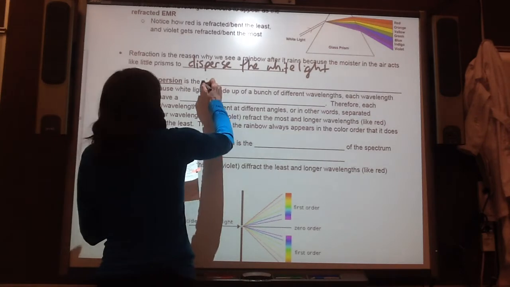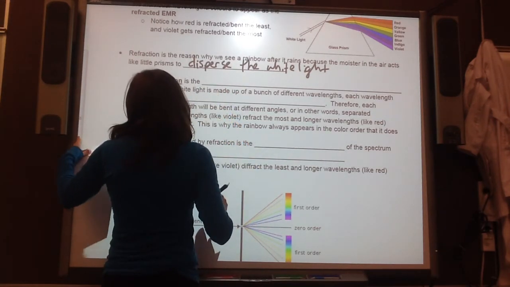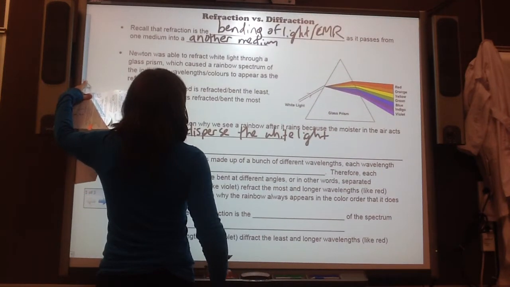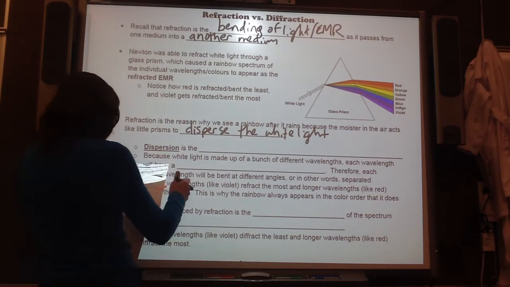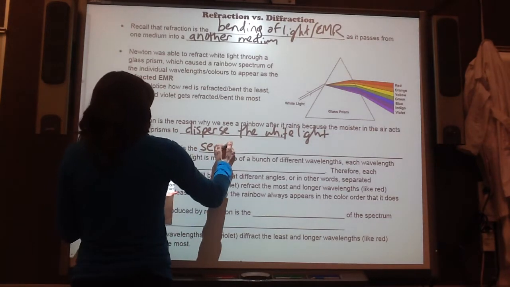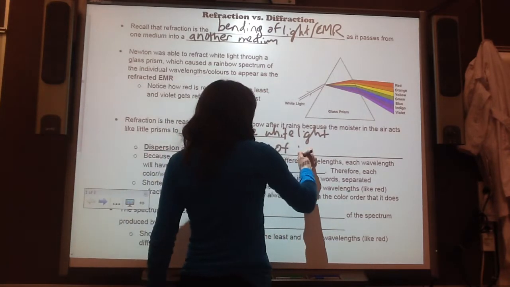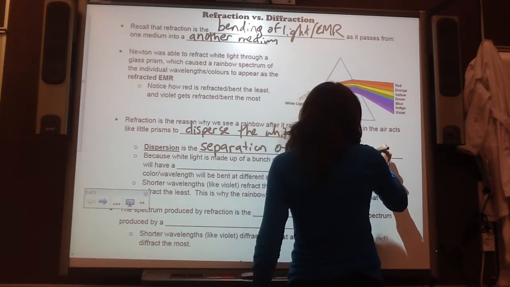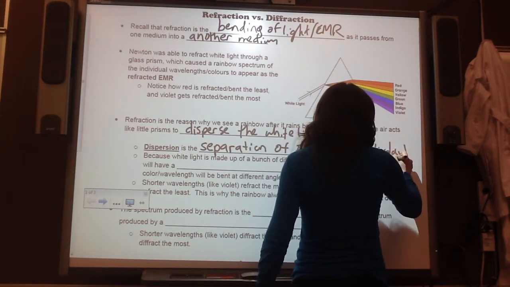Dispersion is the separation of EMR into individual wavelengths.